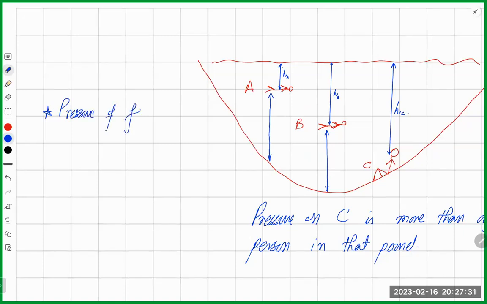Pressure of fluid changes with depth under the surface. As you go deeper, pressure increases.